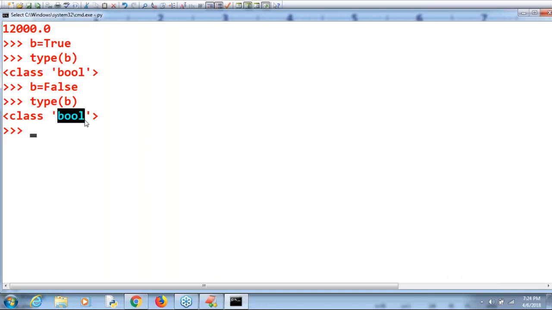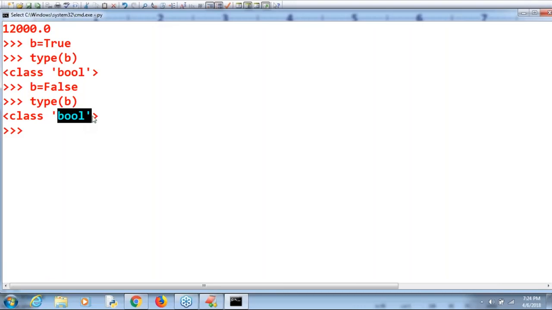While representing we write bool, but while pronouncing we can use the full word Boolean. Internally, True and False are represented as 1 and 0, right?